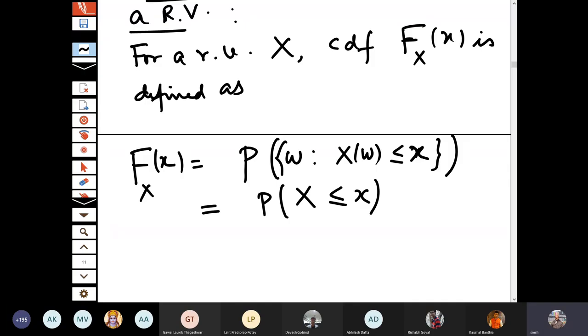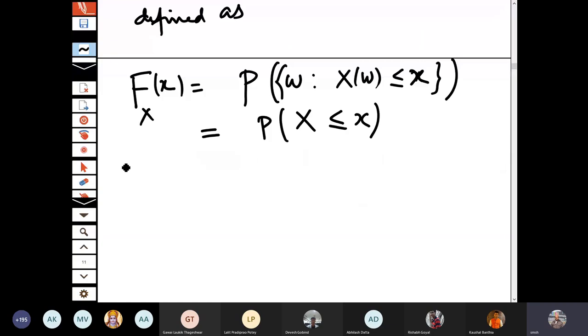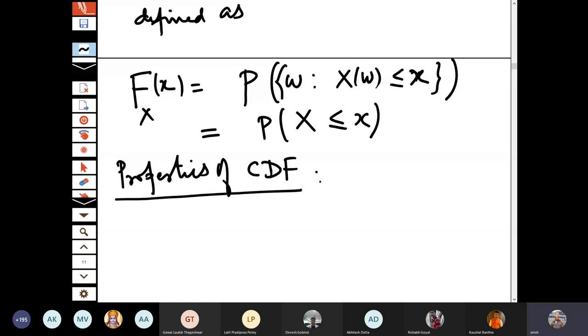Now, how is this function useful and why do we define this? Let me talk about this now. First of all, this function has certain very nice properties. What are the properties? The first property is that the limit of F(x) as x tends to minus infinity is 0.